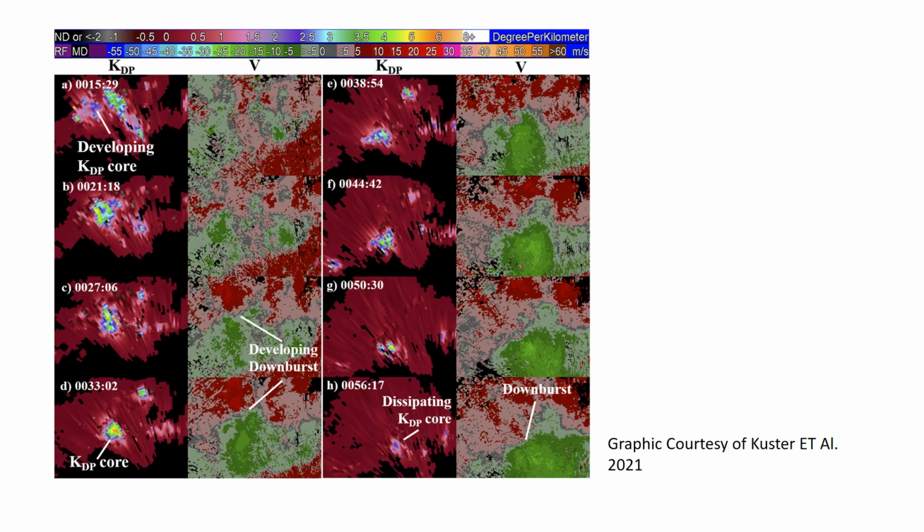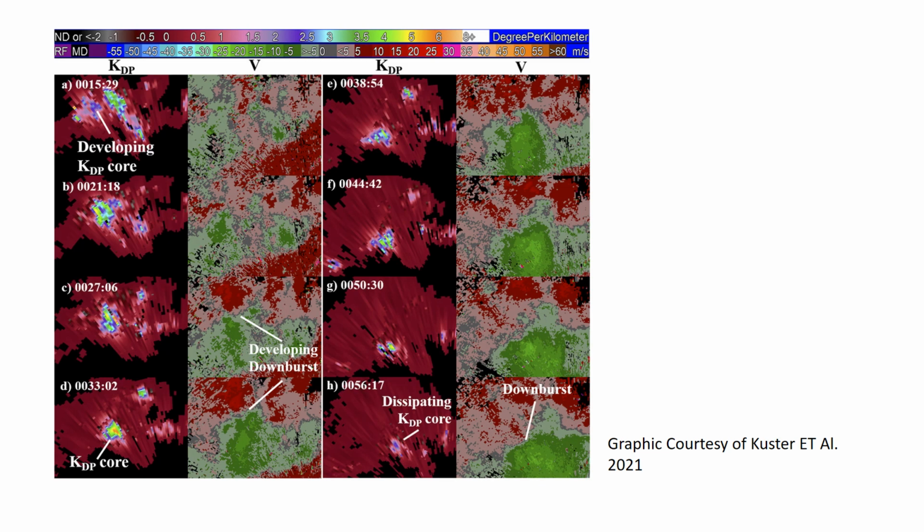This slide from the Custer et al. paper is just a pretty general idea of what to look for when working radar. The box in the upper left shows the developing KDP core and how it just continuously strengthens all the way through box D, which is roughly 10 minutes later.